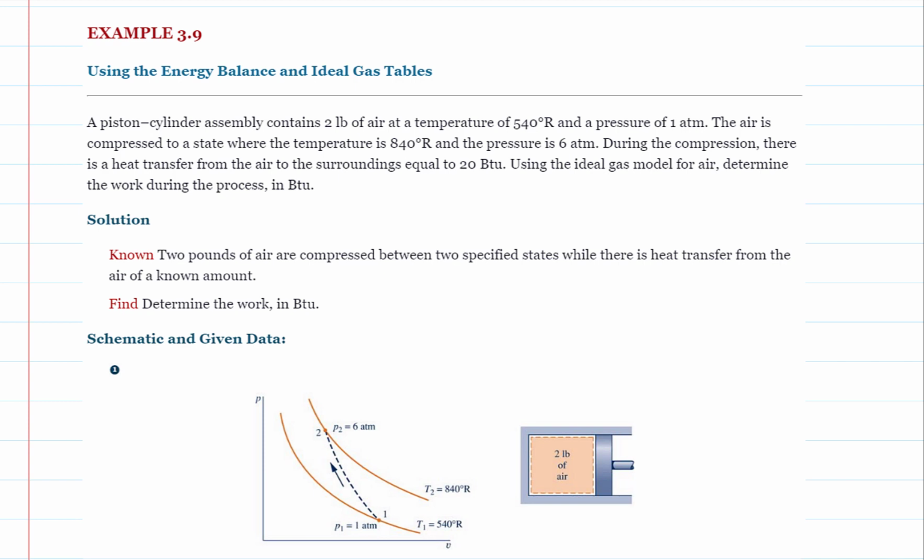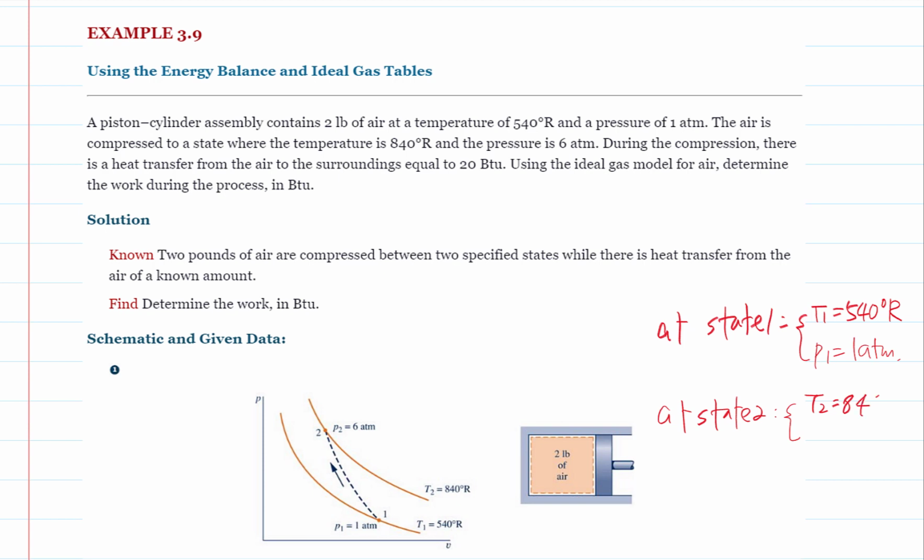So at state 1, initially we had temperature 540 degree Rankine and pressure 1 atm. At state 2, temperature is 840 degree Rankine.